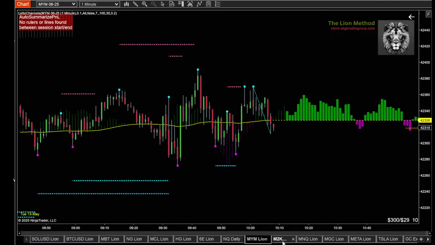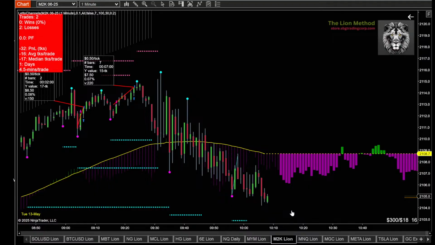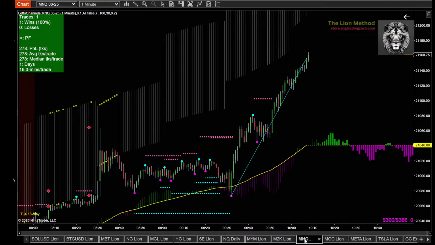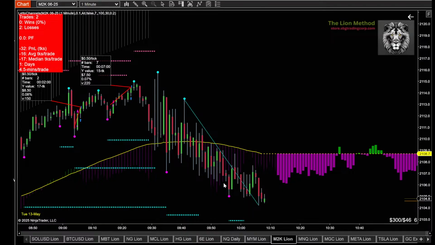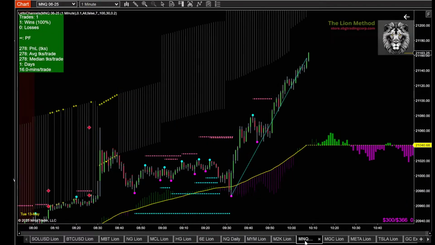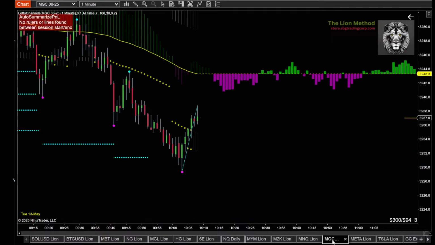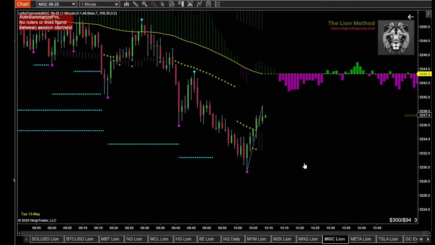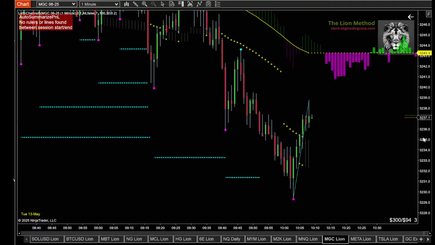Nobody wants to trade the equities. It looks like a sine wave in an oscillator. Oscilloscope, that's what I mean. Tech, strongest equities we've got is in the NASDAQ. Oh, making a rally.